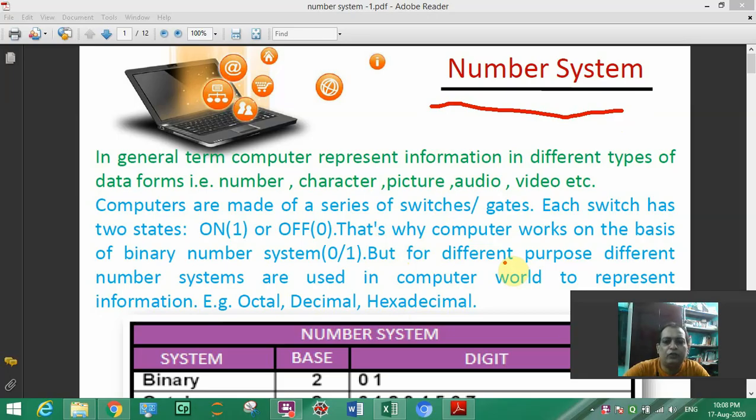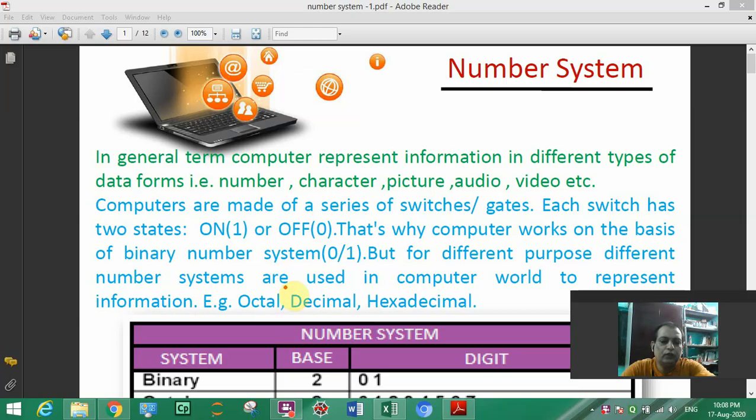Out of these 4, we already know this number system, that is called decimal number system. What is decimal number system?